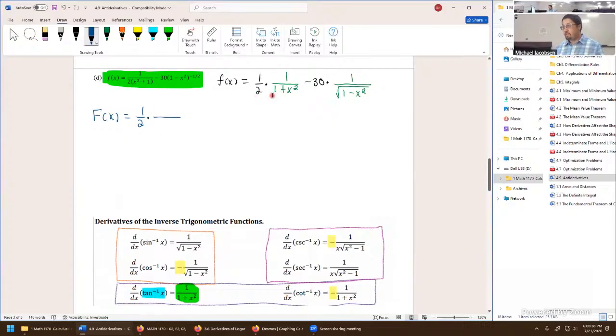Now, antiderivative of 1 over 1 plus x squared is the inverse tangent function. It becomes 1/2 tangent inverse of x. So that piece is completely done. Then go -30.